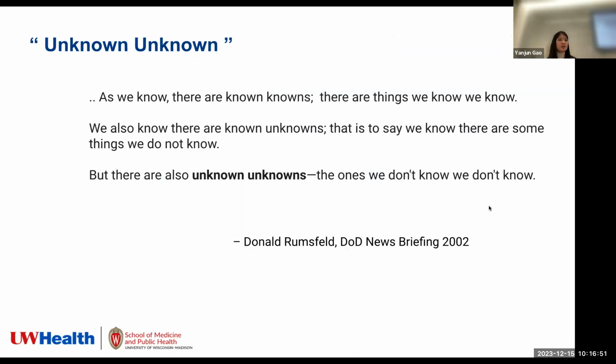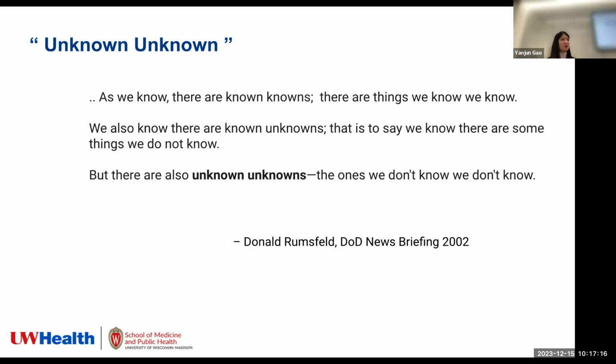Now I want to show you this quote, which some of you might be familiar with, from Donald Rumsfeld. It was actually a quote from when he was commenting on the 9/11 events, but I think it's a perfect quote for the LLM. There are so many things that we don't know that we don't know. There are definitely many things that we know that we know.